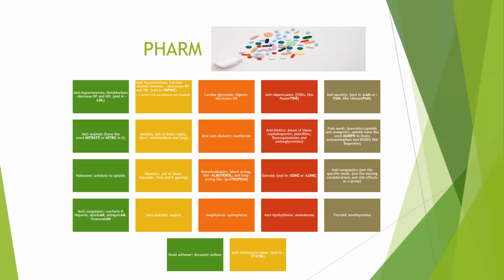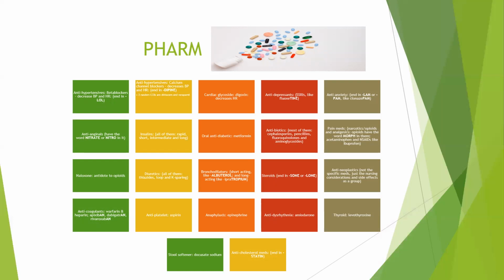Know all of your oral anti-diabetics, especially your metformin, your biguanide, your sulfonylureas, your antibiotics, your cephalosporins, your penicillins, fluoroquinolones, aminoglycosides. Know all of your analgesics, your pain meds, your narcotics, your opioids, like your morphine, your NSAIDs, ibuprofen. Know your antidote to your opioids, like your naloxone.